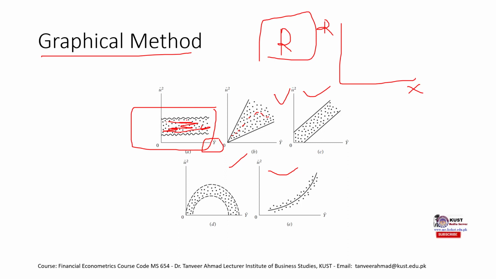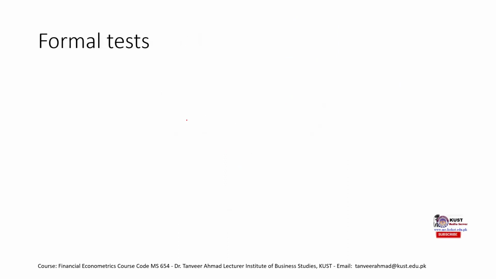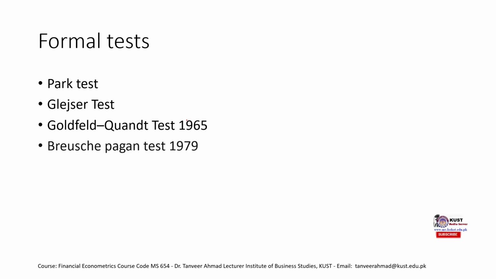We can move towards formal testing. We can have different tests. We can have the Park test, Glejser's test, the Goldfeld test, then the Breusch-Pagan test, and you can see when they were invented. And then we have the White test. Now, most of the time, we do not use the older tests. The latest ones are used because they are more robust, so I'm not going to give you a theoretical idea of all these tests.